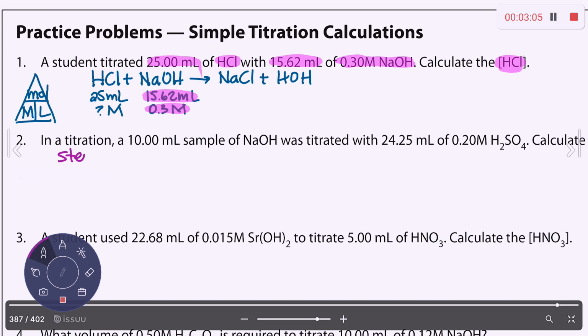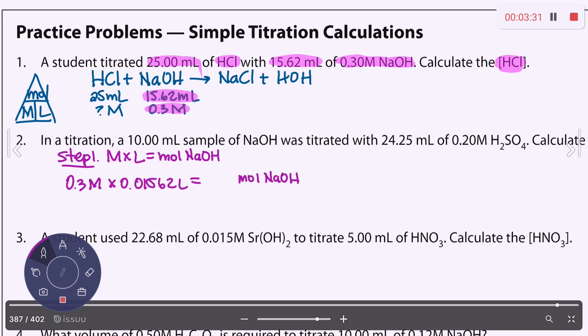And step number one here will be to take our molarity times liters to give us moles of NaOH. So 0.3 times 0.01562 liters, because I moved the decimal 3 places to the left, is going to give me my moles of NaOH. I don't have a calculator on me, so I'm not going to write a number down.